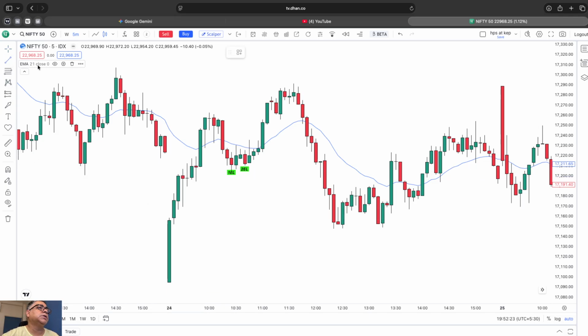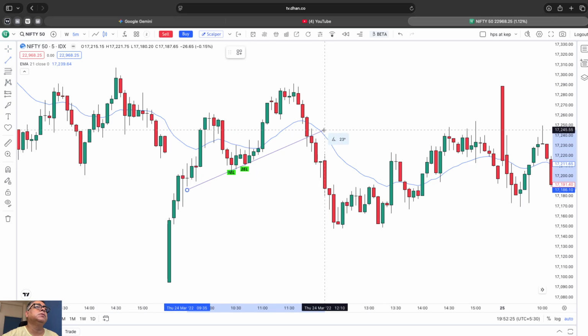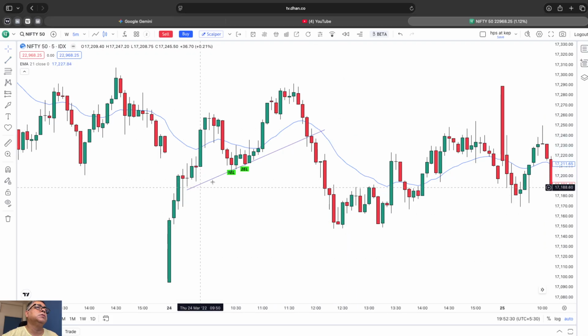Here the context was that the market was bullish, the price was moving up. Here it was taking support on a trend line and second entry long formed. It was a risky trade. It was below 21 EMA and one could have skipped this one.